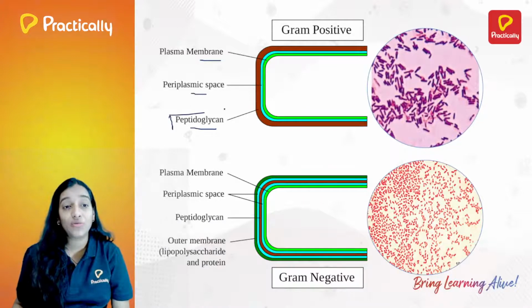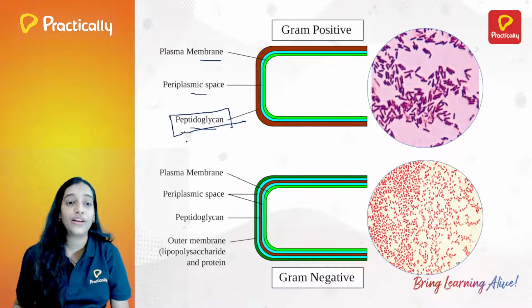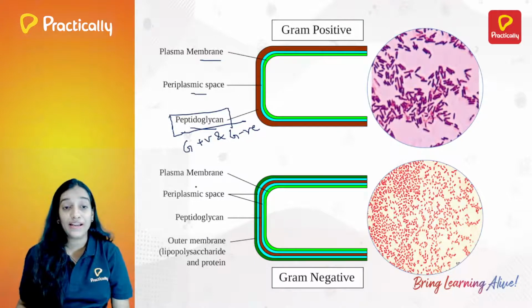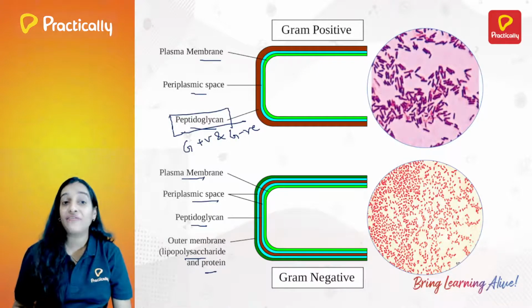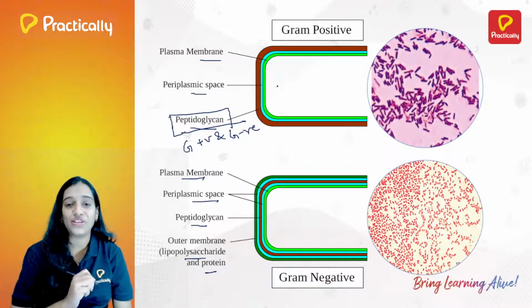This is a distinguishing feature between gram-positive and gram-negative. In gram-negative, you can see there are multiple layers of membrane: plasma membrane, periplasmic space, peptidoglycan in small amount, and lipopolysaccharide and protein, that is lipid membrane, which is absent in gram-positive.